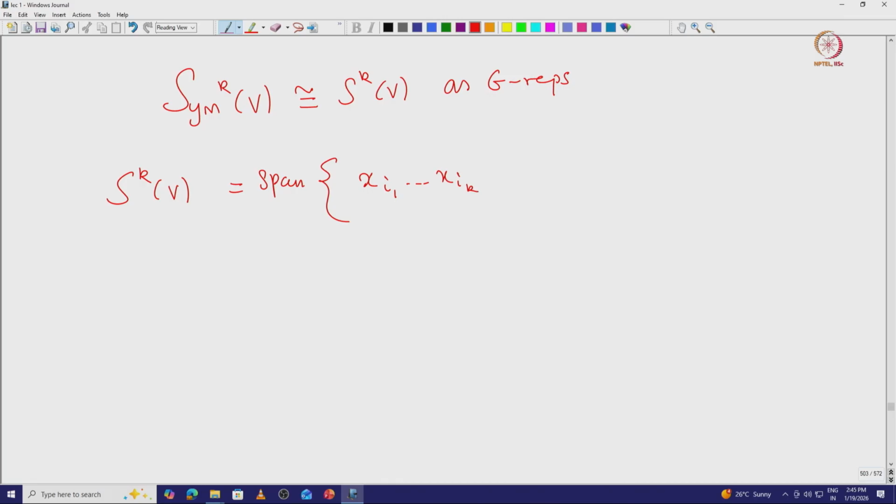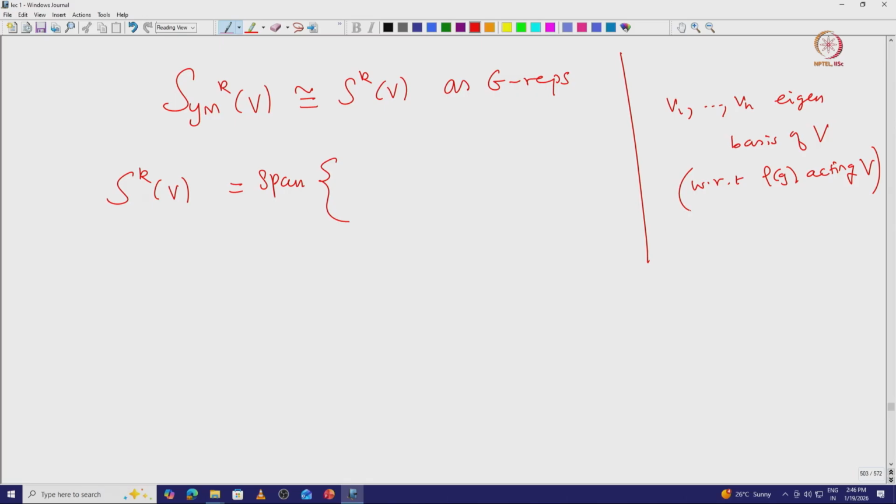Sorry, I have used v_i, so let us change this. Recall that v_1 etc. v_n is the eigenbasis of capital V, with respect to the operator rho of g acting on capital V.